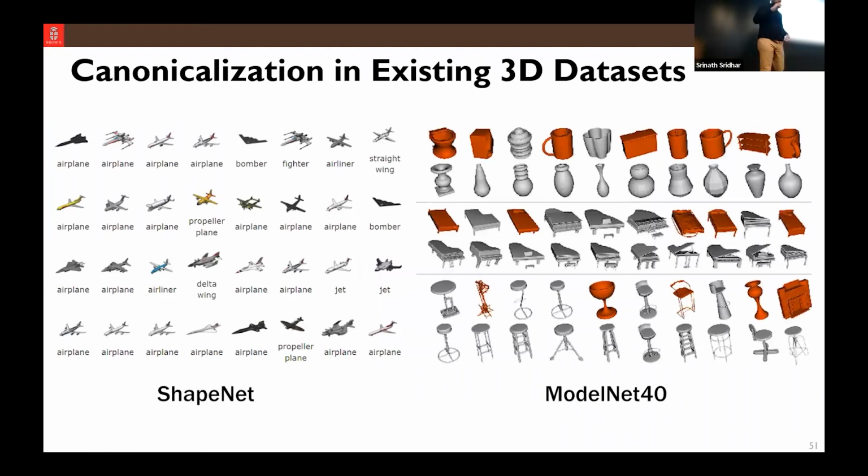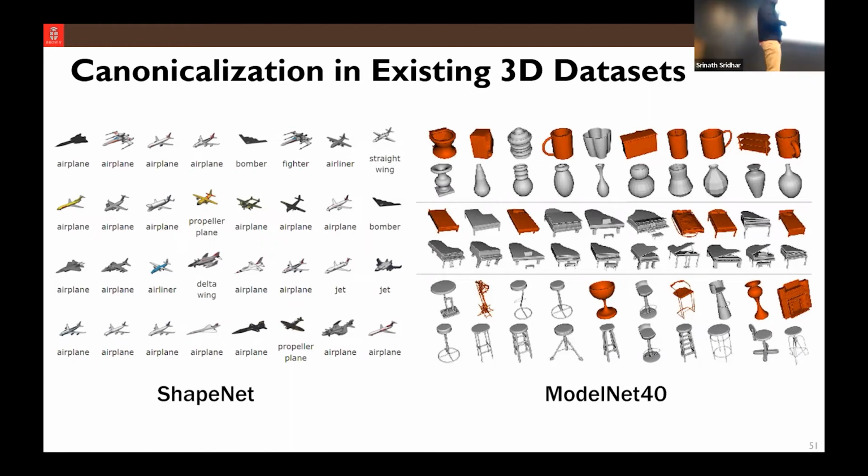Okay, so there's a bit of a dark secret in the 3D vision community as far as canonicalization. And you can see that clearly in both of these images here. This is the ShapeNet dataset, and that's the ModelNet40 dataset. If you notice, every model in the ShapeNet dataset has instances that point in the same direction, which means that somebody actually manually oriented all of these instances so that they all face in the same direction.